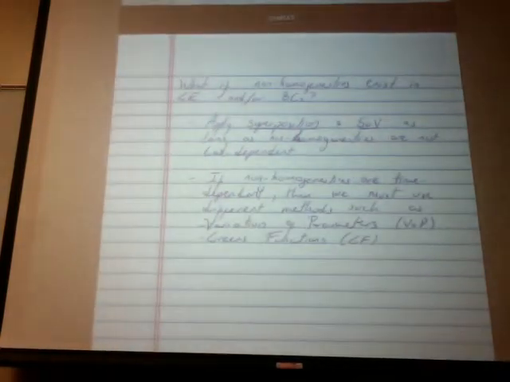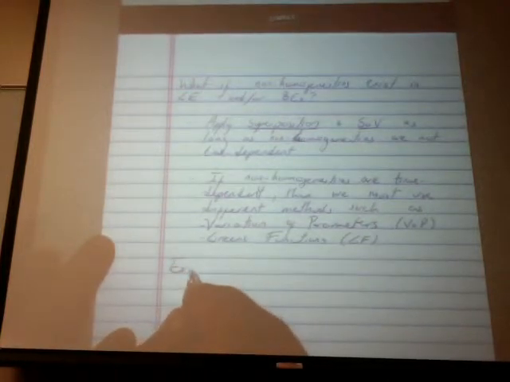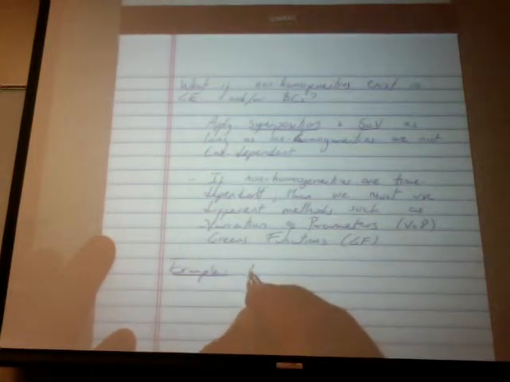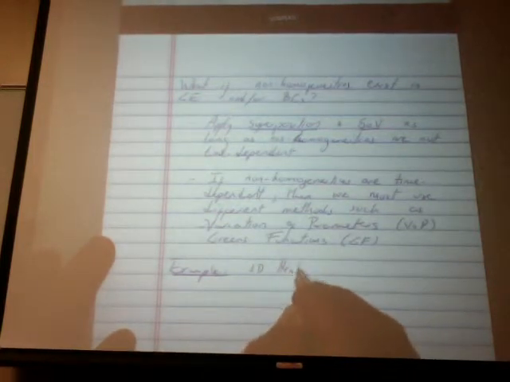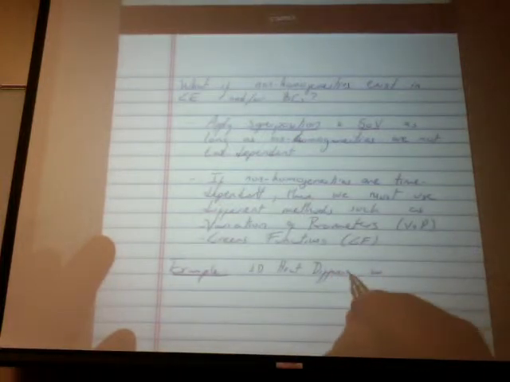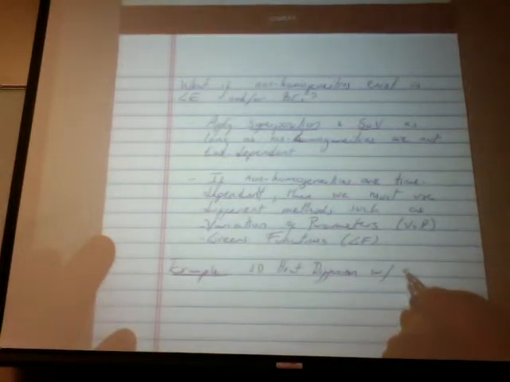All right, so let's go through an example. What would happen if we have, let's say, 1D heat diffusion with generation.